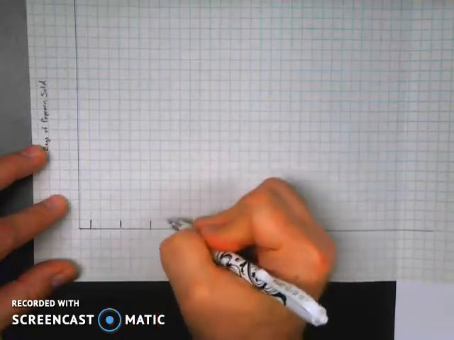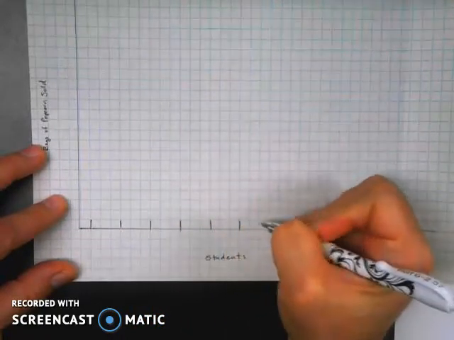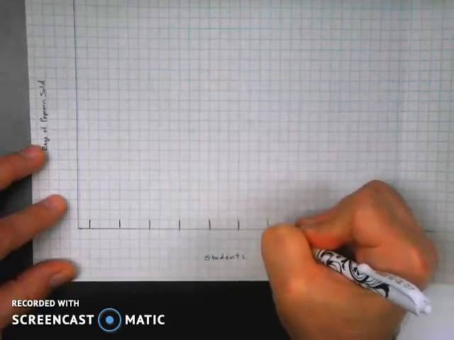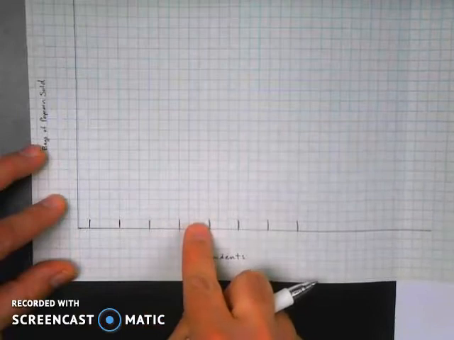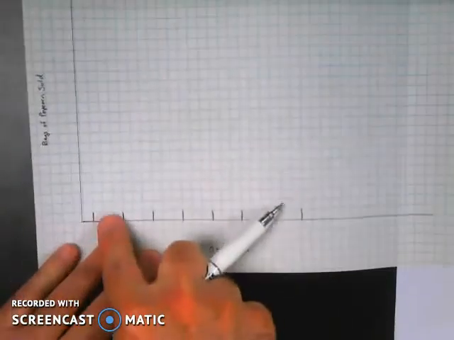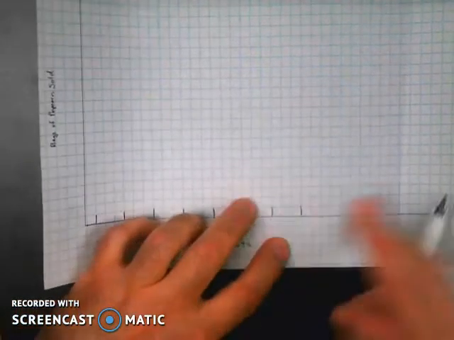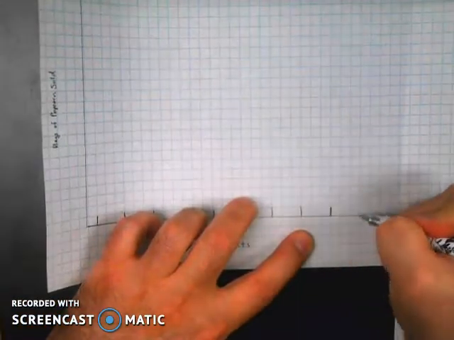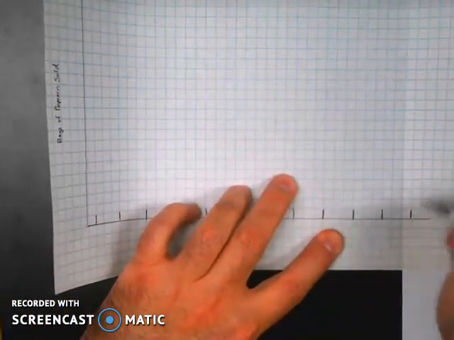Skip 3 spaces and have another student. 3 spaces, have another student. 3 spaces, have another student. So that's 1, 2, 3, 4 students. There's 5 students, and there will be 6 students.